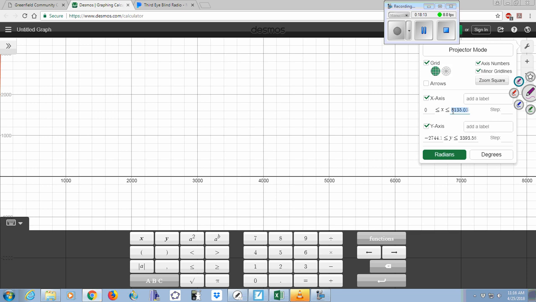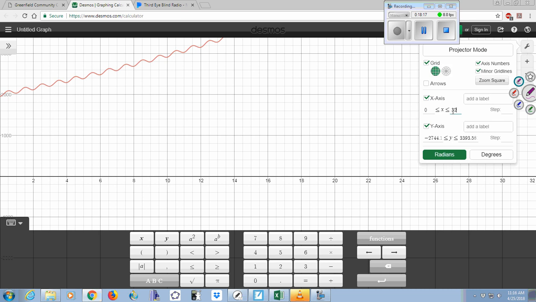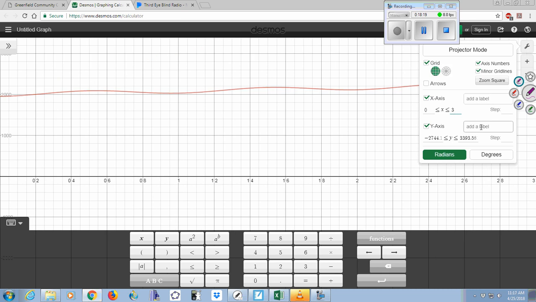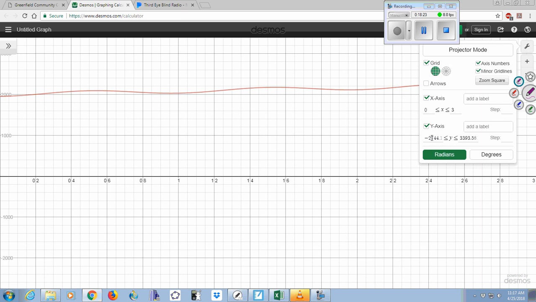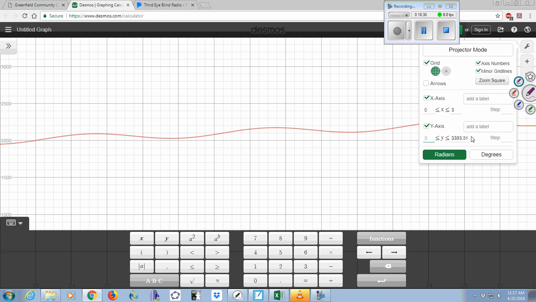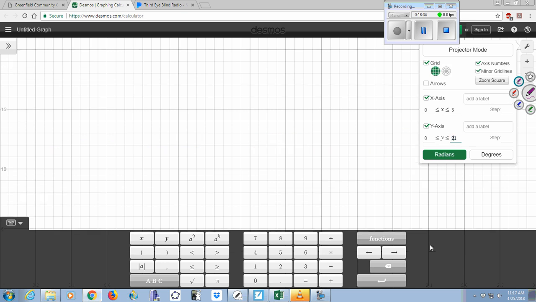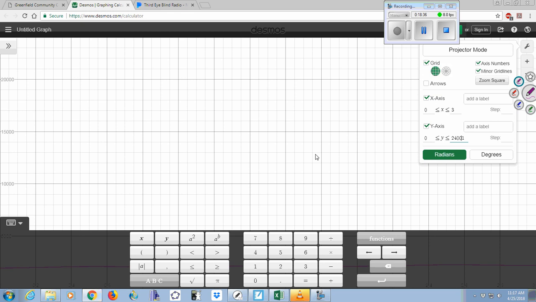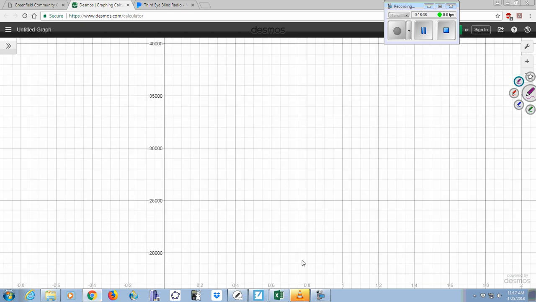It was 2 pi for 1 year, so let's say 3 years. Oops, not 32 years, 3 years. And our y-axis, I guess we could start at 0. You see how my graph's changing already? And we know we want to go more than 2,000 elk. Let's say up to 2,400 elk.